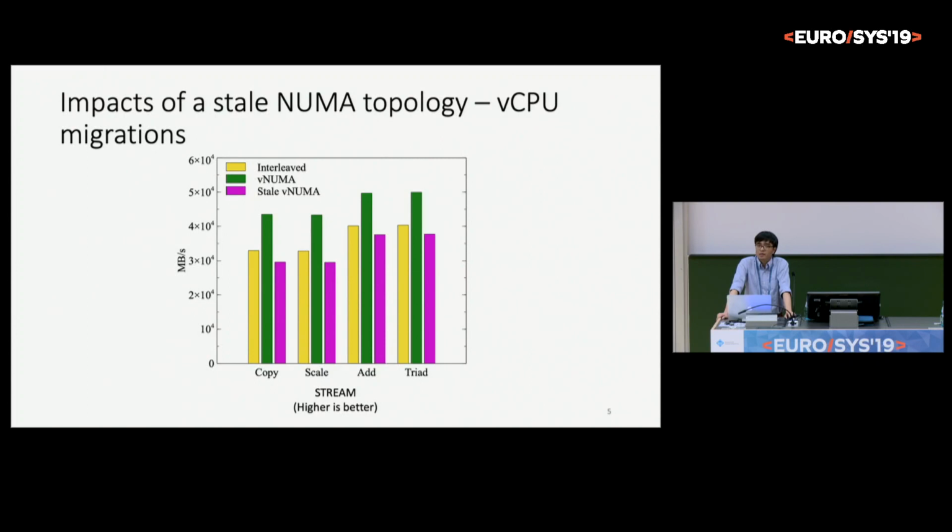However, when the hypervisor migrates the VCPU of the VM to different nodes, leading to a stale topology, the performance of the VM with vNUMA becomes worse than interleave policy, as we can see here.